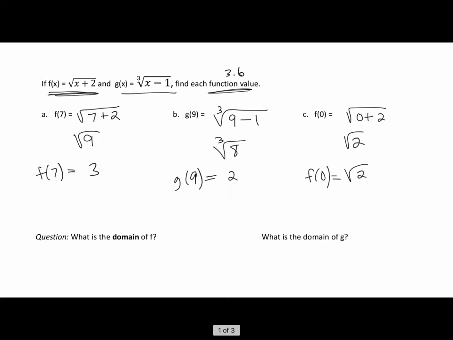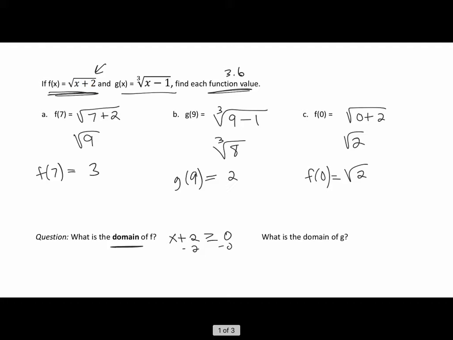Now, the question is, what is the domain of the function f? So since the function f is a square root function, remember it's not defined anywhere less than 0, like the square root of -1. That's not real, so we don't include it as part of our domain. So the domain is going to be what's in the radicand, such that it's greater than or equal to 0. 0 is fine because the square root of 0 is 0, and that is defined.